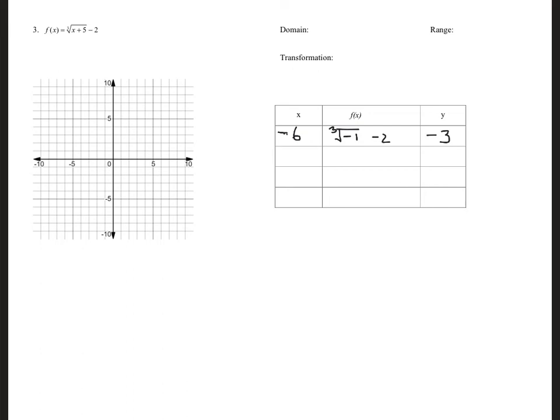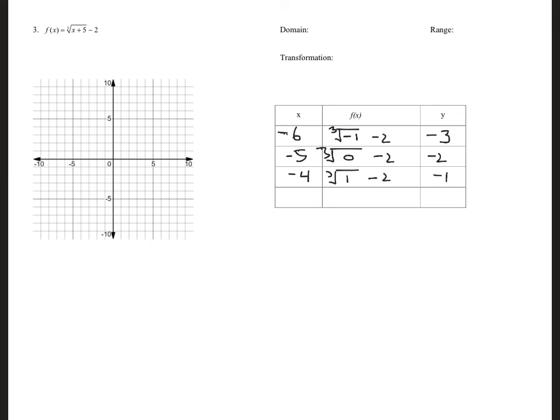And then what other value can we put? Let's put negative 5, because that's another good value of x. That's going to give us cube root of 0, minus 2. So we get negative 2. And what other value can we try? Negative 4. Negative 4 will give us cube root of 1, minus 2.